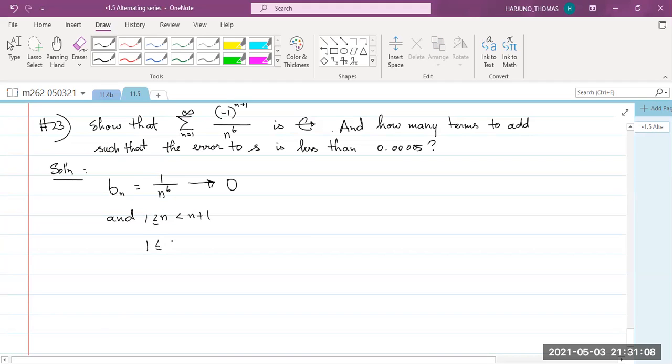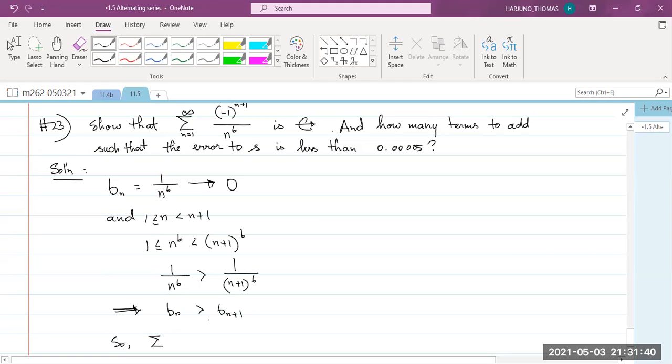Then when you take it to the power of 6, n plus 1 to the 6 is still greater. And then when you do the reciprocal, you reverse the inequality sign. So b sub n is greater than b sub n plus 1.